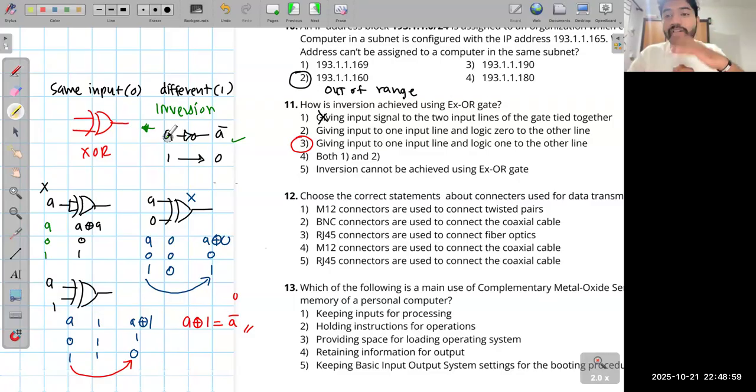They have given 4 statements. The first statement says you take the input and tie it together and send it, that is, you send A twice.